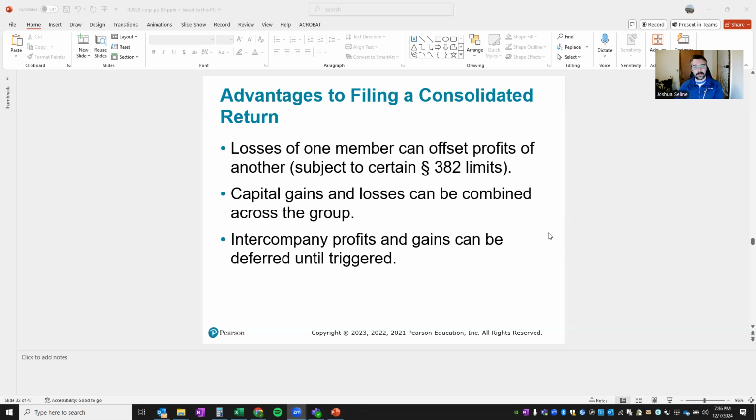Capital gains and losses can be combined across the group, and intercompany profits and gains can be deferred until triggered. Again, that's changing between companies. You don't recognize that right away. That's not part of your calculation for the consolidated return. It's only when that asset or inventory or whatever gets transferred outside of the group that it is recognized.